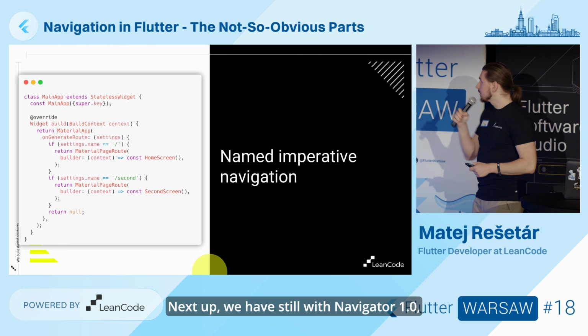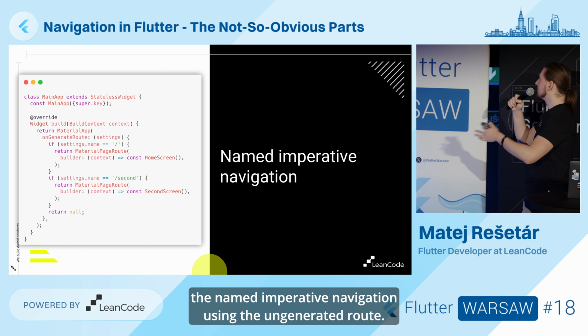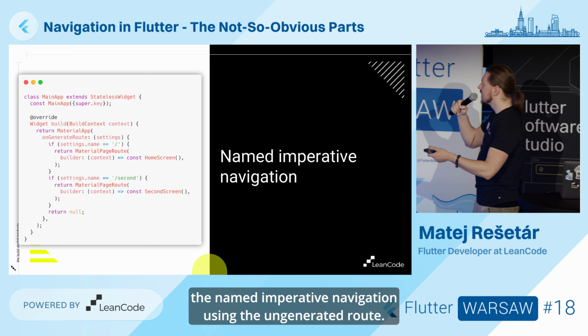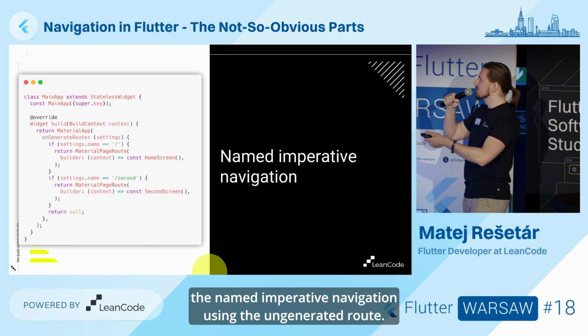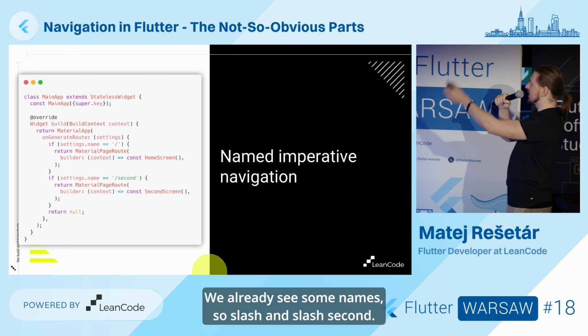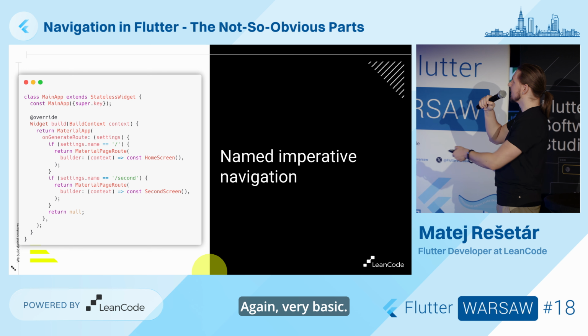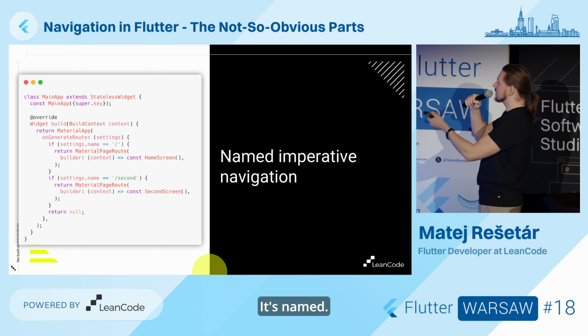So next up, we have, still with Navigator 1.0, the named imperative navigation using onGenerateRoute. So we already see some sort of names, so slash and slash second. Again, very basic. And it's named.